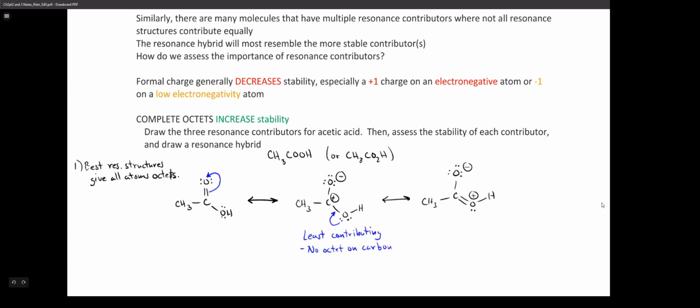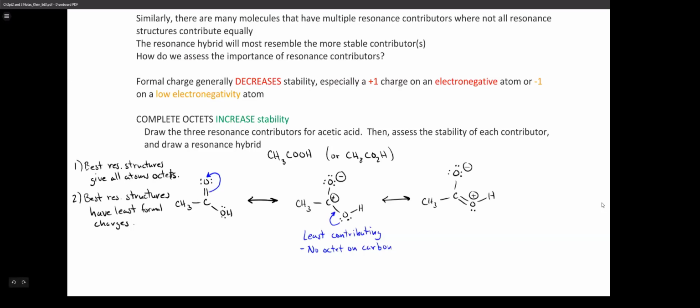Rule 2 is the formal charge rule. The best resonance structures have the least formal charges. So it's better to have no formal charge at all. So we can now compare the two on there, right?